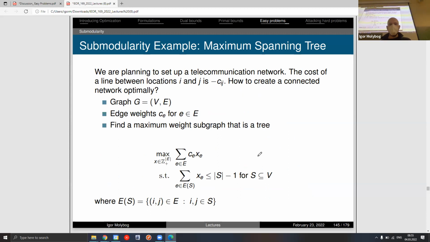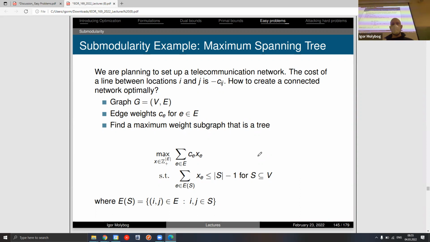And let me give you an example with the minimum spanning tree. We are planning to set up a telecommunication network, and we are trying to make it so that the cost of a line between the two vertices i and j is minus Cij.